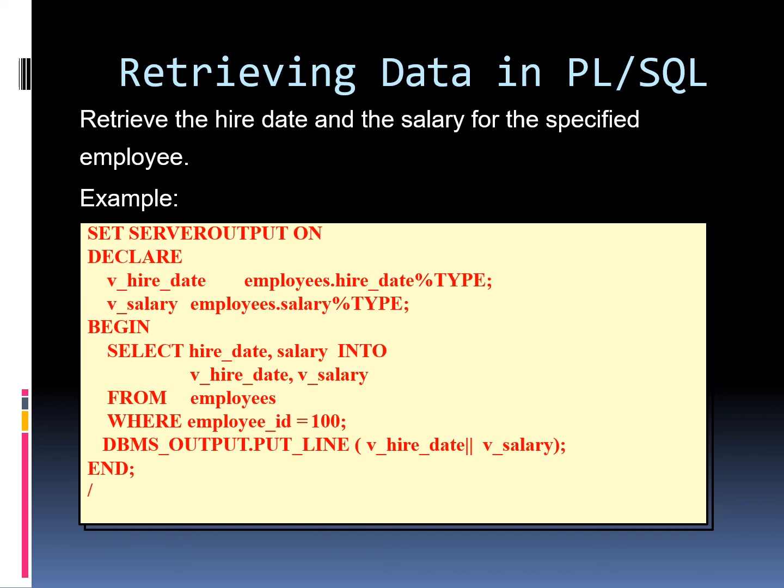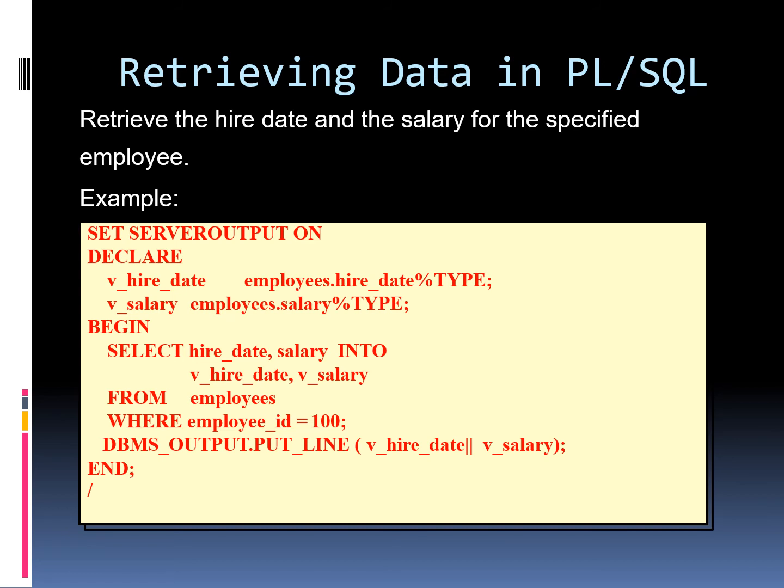While declaring the variables, we have used this statement: v_hire_date employees.hire_date%TYPE. Here %TYPE is basically used so as to make the size and data type of the variable the same as the size and data type of the field that we had defined while creating the SQL table.